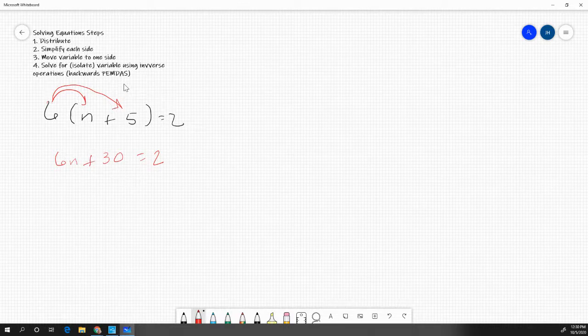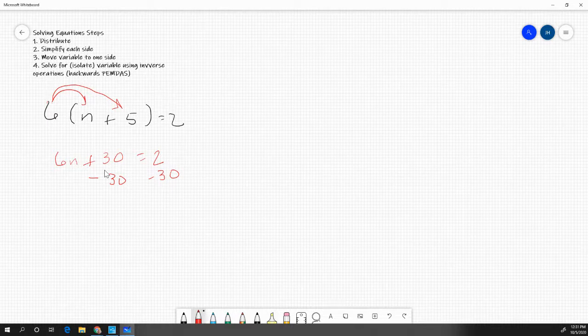So my addition and subtraction is I have this plus 30 added to 6n. So I'm going to use its inverse. I'm going to use the opposite of plus 30 on both sides, which is minus 30. So I'm going to subtract 30 from both sides of the equal sign, right?